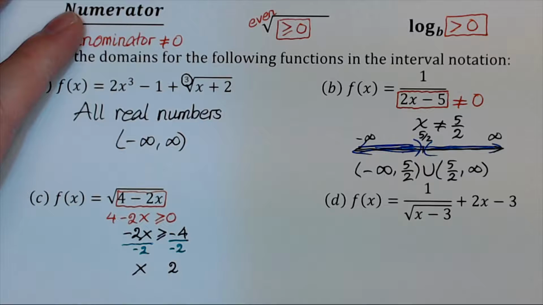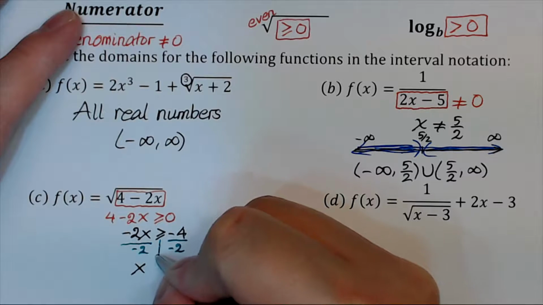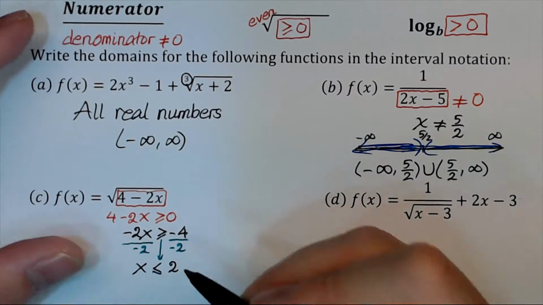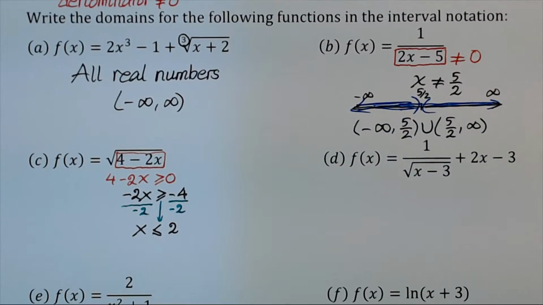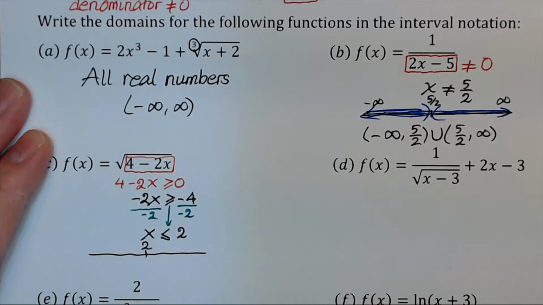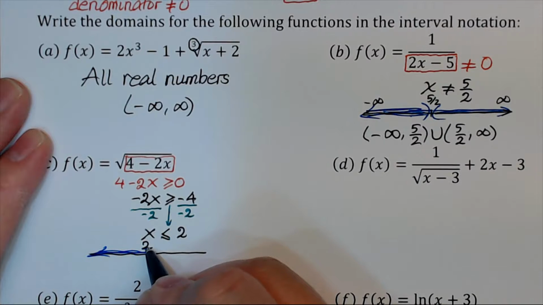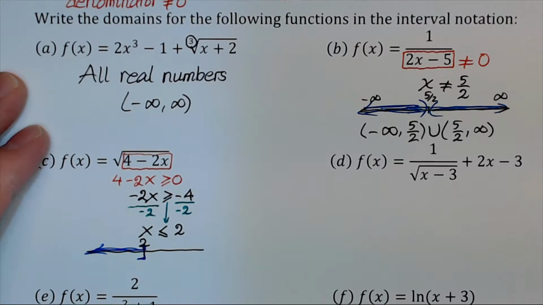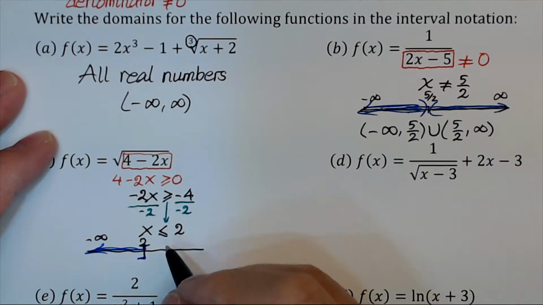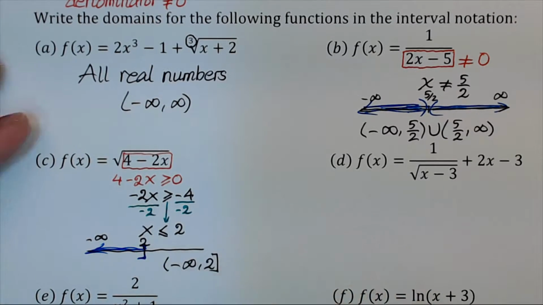The only thing we need to watch out for is when we divide by a negative number, the inequality must be reversed, from greater than or equal to, to less than or equal to. So we write anything less than 2, meaning on the left only. It has the equal sign, so we put the square bracket: negative infinity to 2, square bracket.